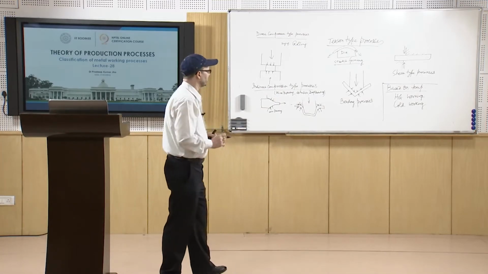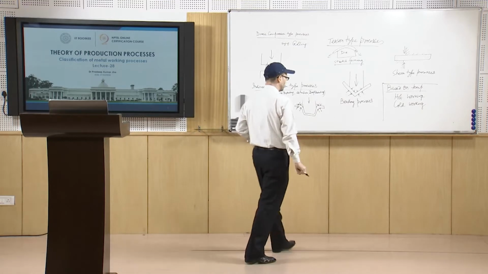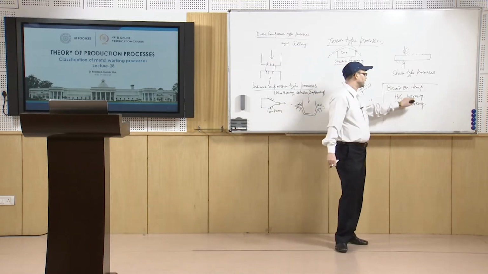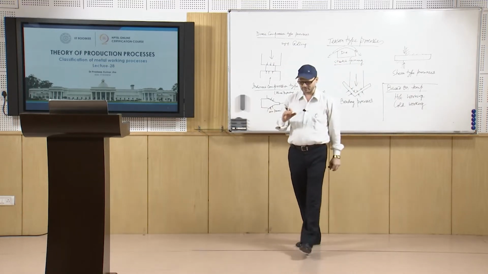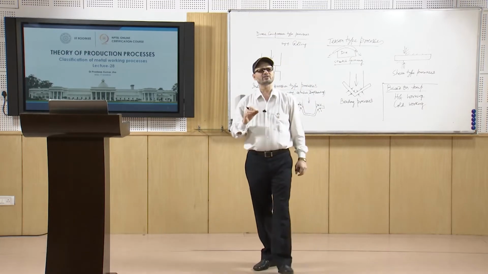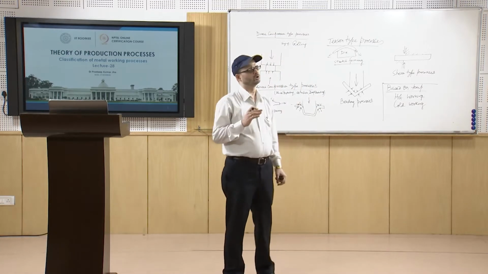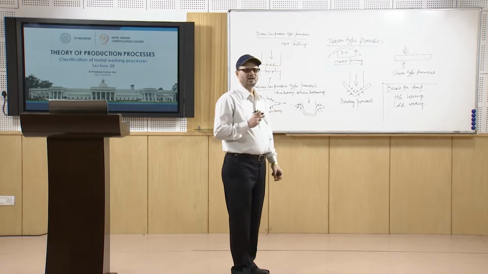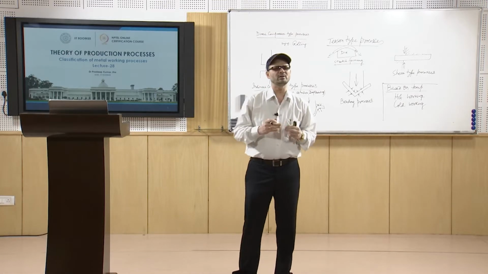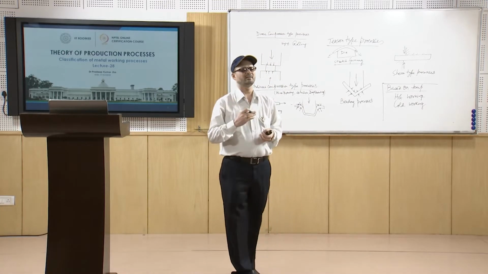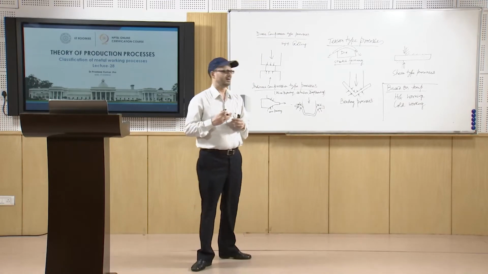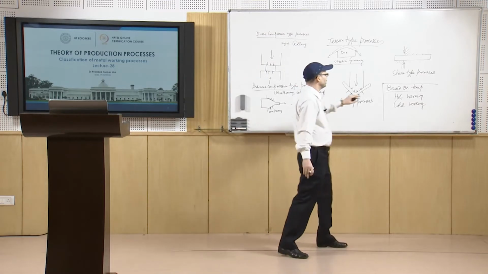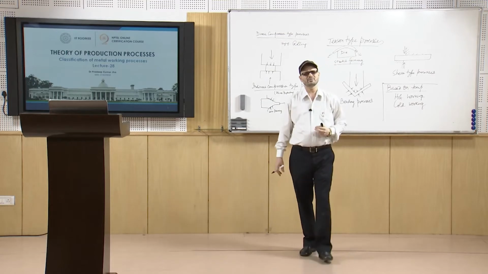Hot working refers to those processes where the working is carried out at a temperature which is above the recrystallization temperature. In this case, the degree of deformation possible is more, because as the temperature is higher, less flow stress is required to do the plastic deformation.